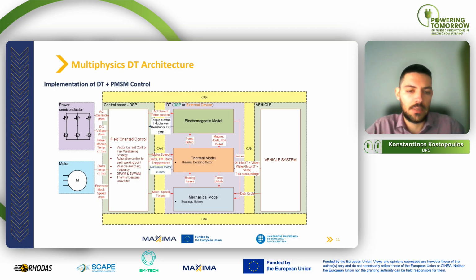And the third model, as you can see, is the mechanical model. And here we have calculations for the motor and the bearing mechanical dynamics, and also we have estimation for the bearing lifetime. And all these models' outputs feed back to modify the control strategy.